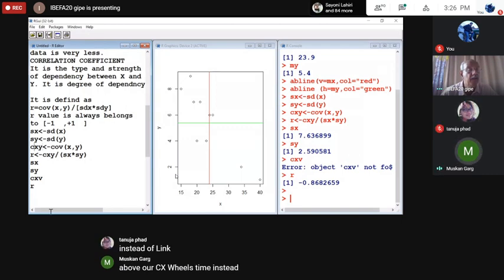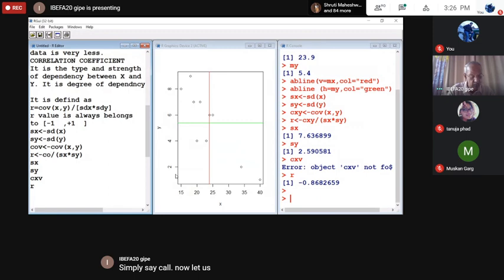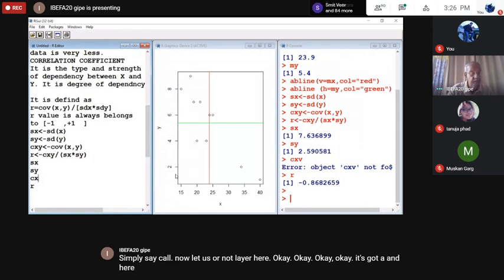Instead, CXY should be there. Simply say cov. It's correct now. So let me get the output and then we speak.